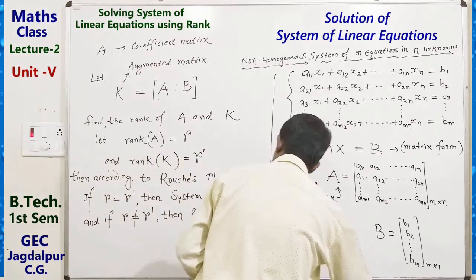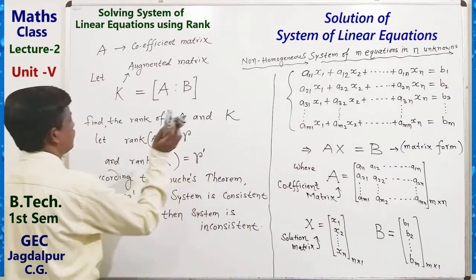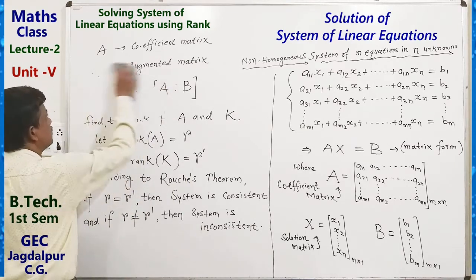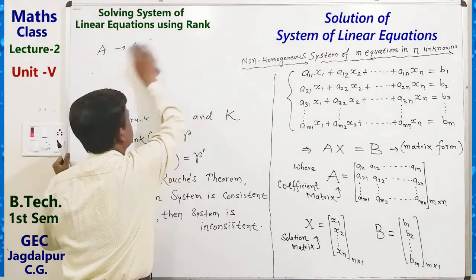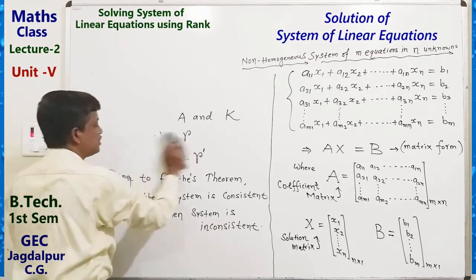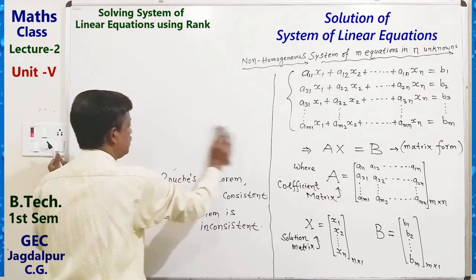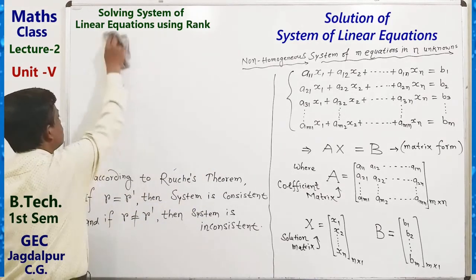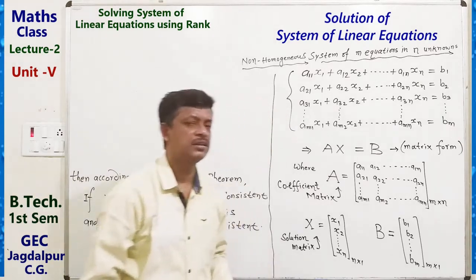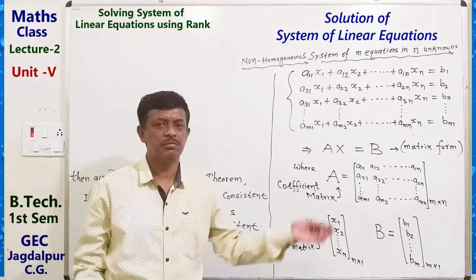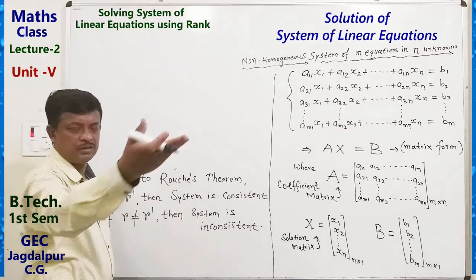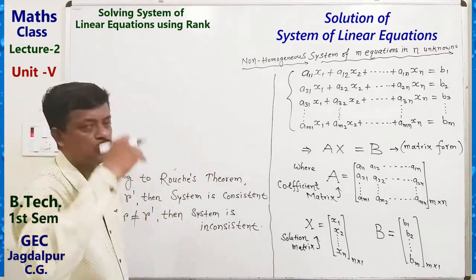So here we can also discuss that this is the augmented matrix and this is the coefficient matrix. Okay. So for finding the rank of the augmented matrix and coefficient matrix, we have to convert the augmented matrix to upper triangular form. Then we can get the rank easily by watching the number of non-zero rows.